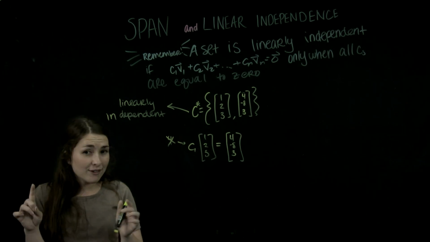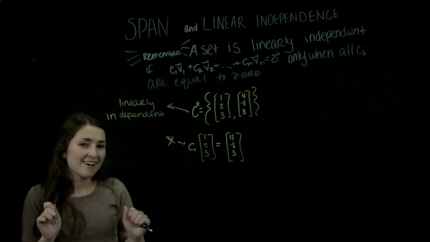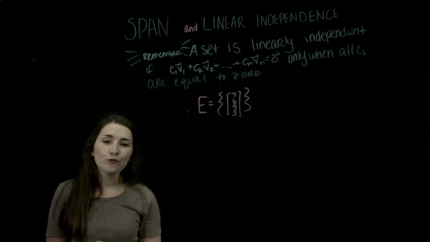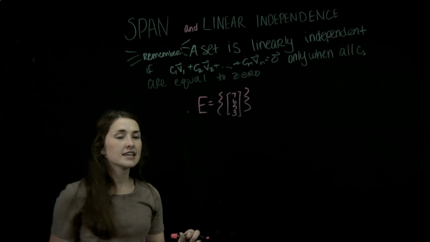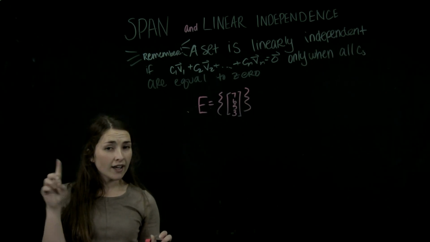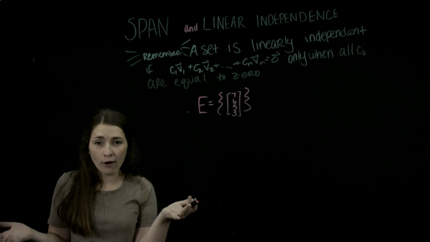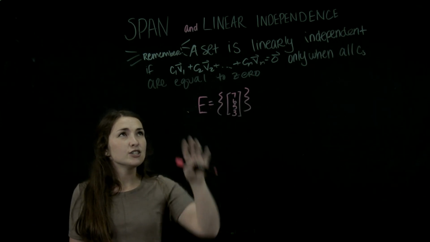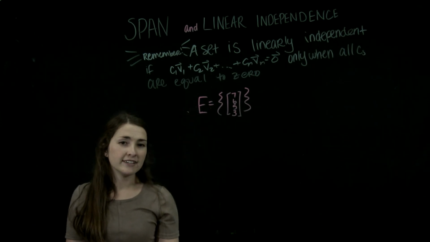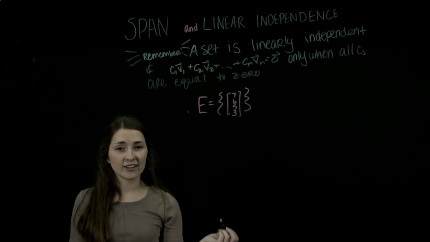Okay, so now let's see if we can go even smaller. Can we have one vector that's linearly independent? We'll see. If we have some set E that consists of only one vector, and this vector is from R4, let's use our definition of linear independence to see if this set is linearly independent.